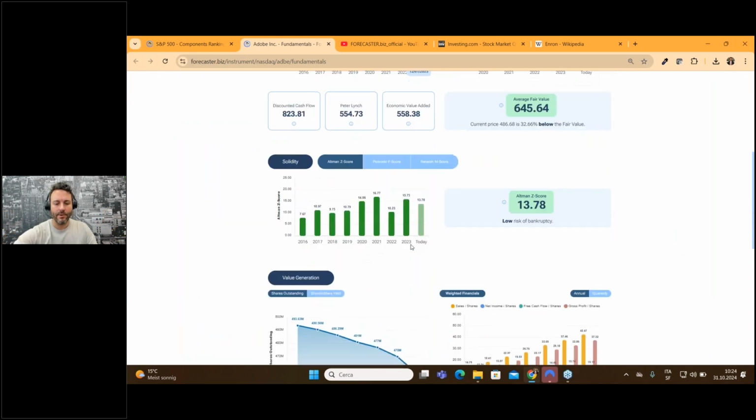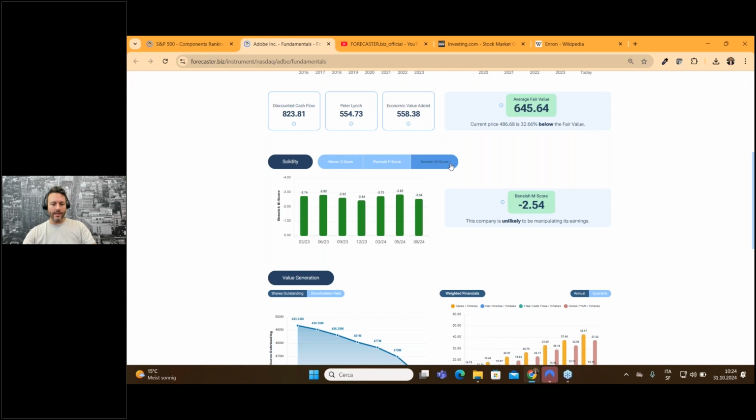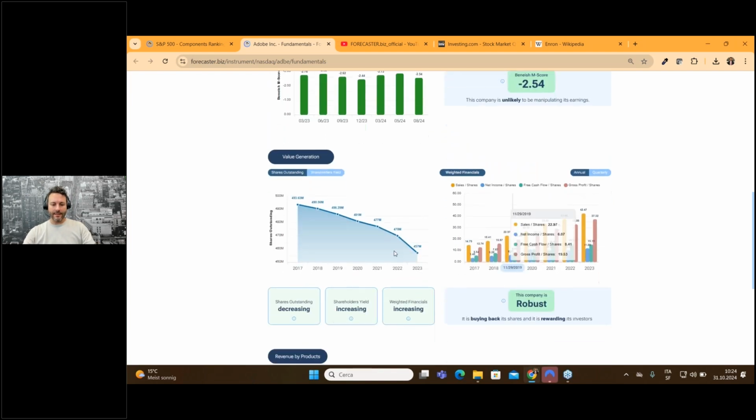Very nice company. Very solid. They don't trigger the financial results. And look, they are aggressively doing buybacks. So this is why the company is robust. Okay, they are also rewarding their investors with a very strong buyback policy.